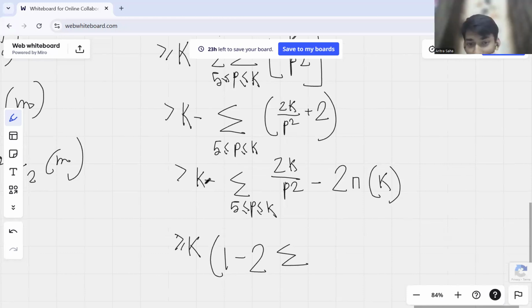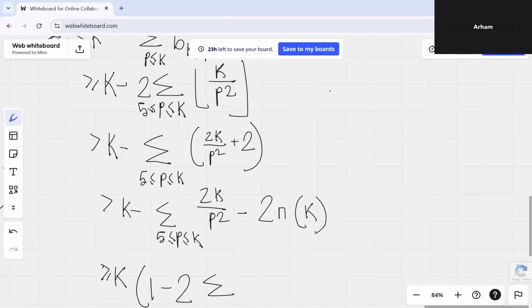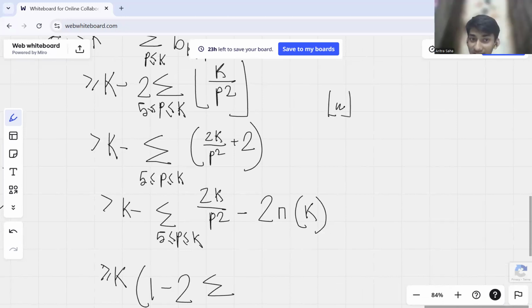So we're taking k common, because k is... Yeah, continue. Wait, floor of x is less than equal to x. Wait, I'm confused. I'm using the fact that floor of x is less than equal to x. I think you need to say greater than equal to x minus 1.